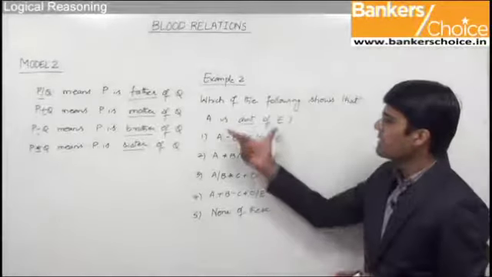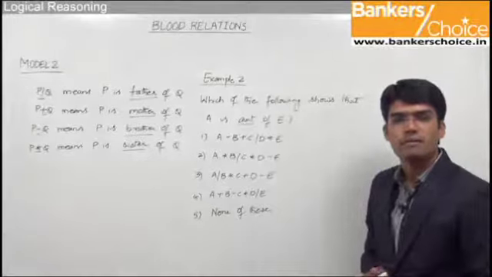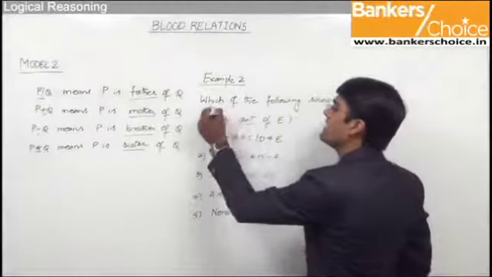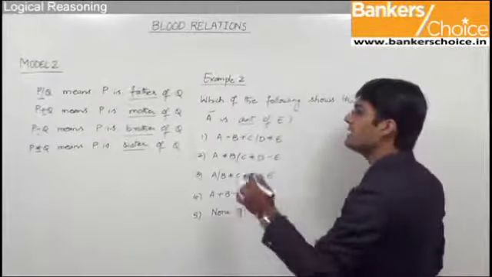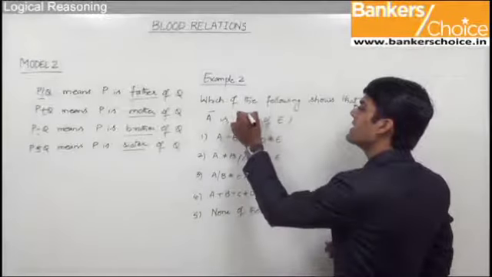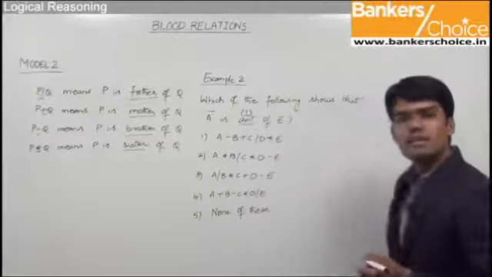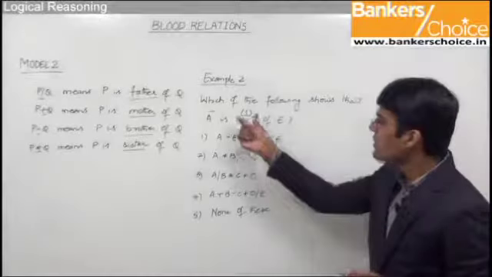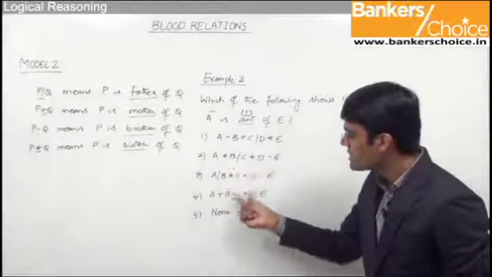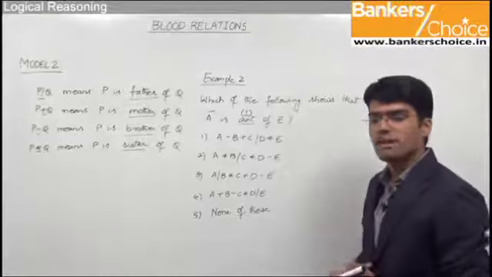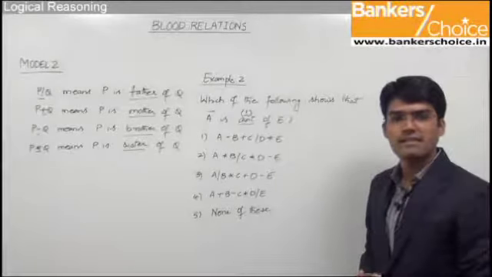Now if you observe here, we know that A is the aunt of E. So very clearly A is a female person, and since A is the aunt of E, the generation gap between A and E should be 1. So let us try to work out on these 2 points for each of the given equations. Whichever satisfies them, that can be taken as a correct answer.